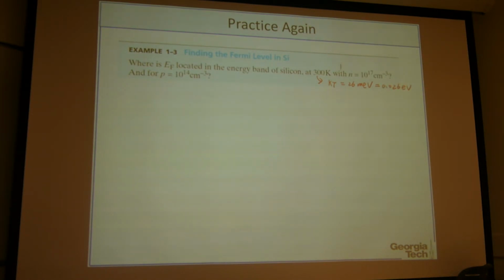And the first question is if the N-type doping, you have ND equals N equals 10^17. The second question is if NA equals P equals 10^14.